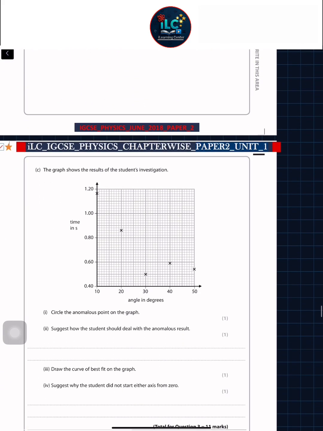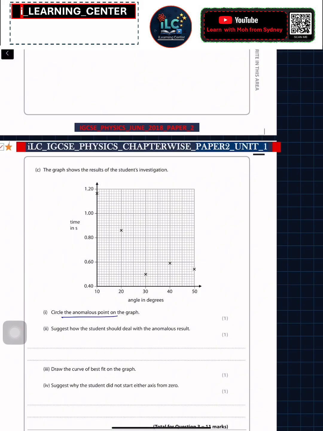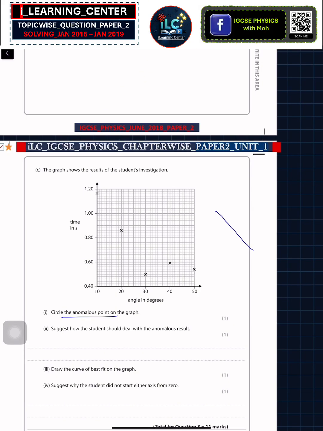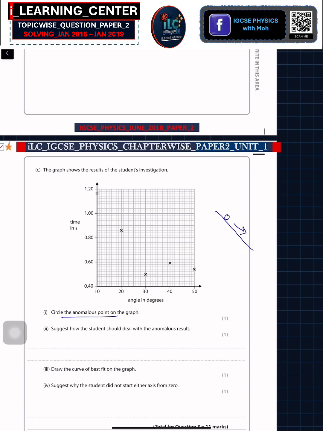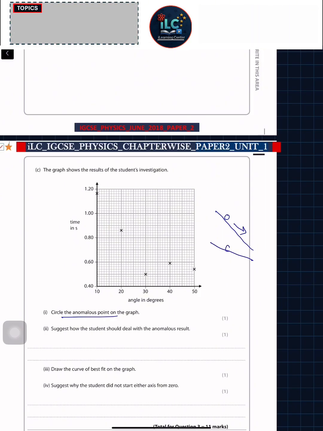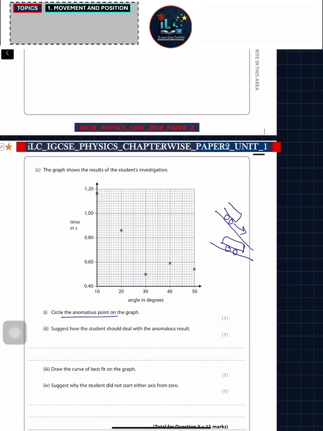So here they ask you about one of the anomalous results. So as you can see, what will happen is, the angle gets higher and if you're dropping it from a slant, of course you can understand that this one will go faster, something that we have all done in our childhood. So as your angle increases, this car will go faster compared to this car.